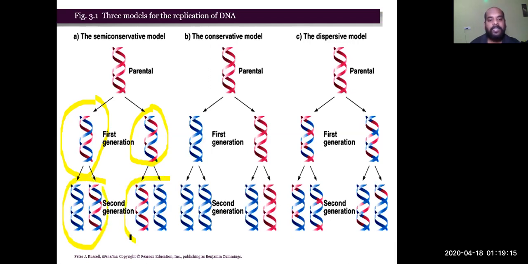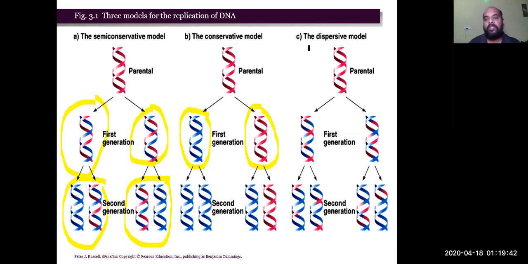In the second mechanism, the conservative model, the parent DNA would open up first, and then they would make their complementary DNA, and again they would split, and the new DNA would come together and form a DNA duplex, and the old DNA would again come together and form a duplex. This process would go on further in the second generation also.